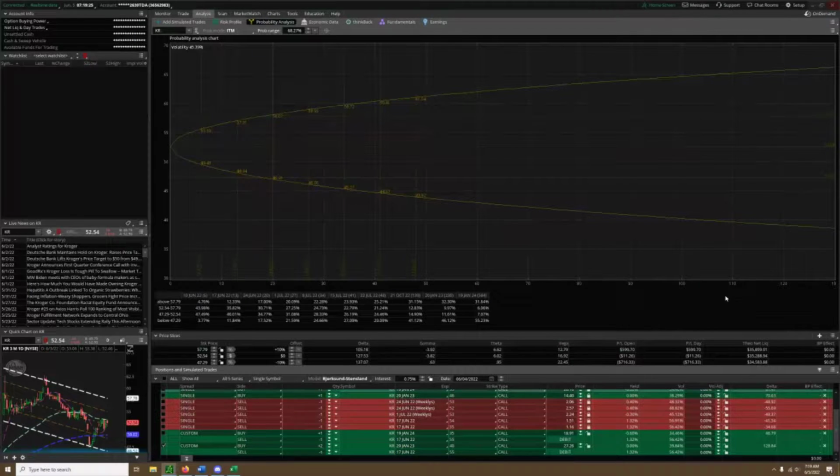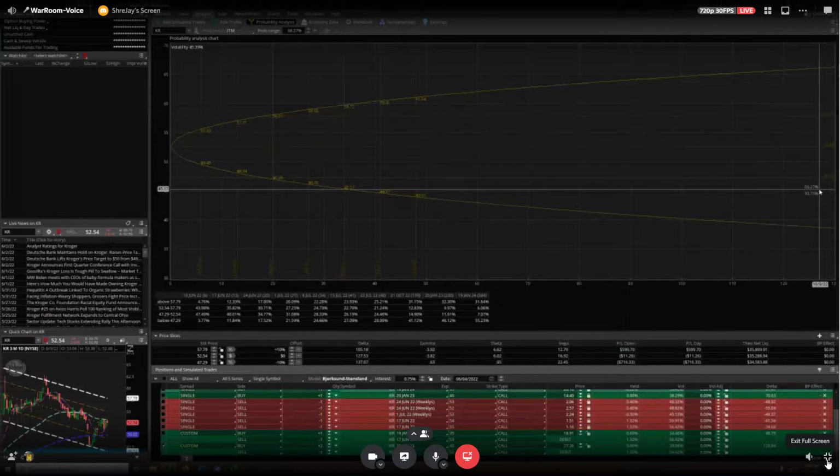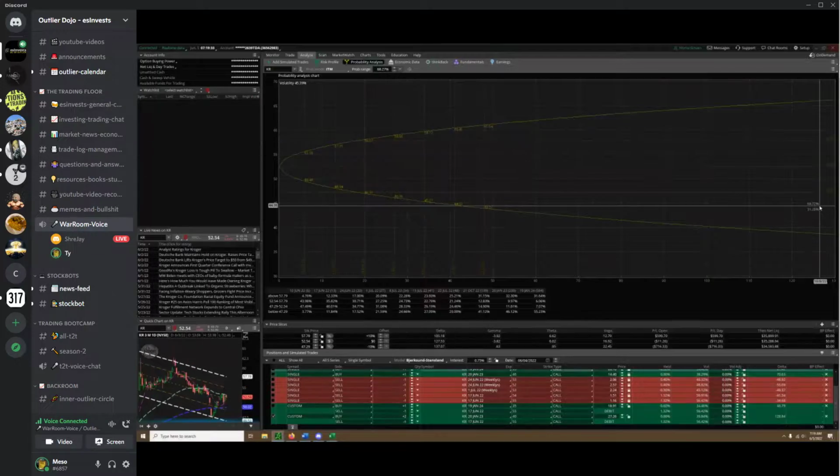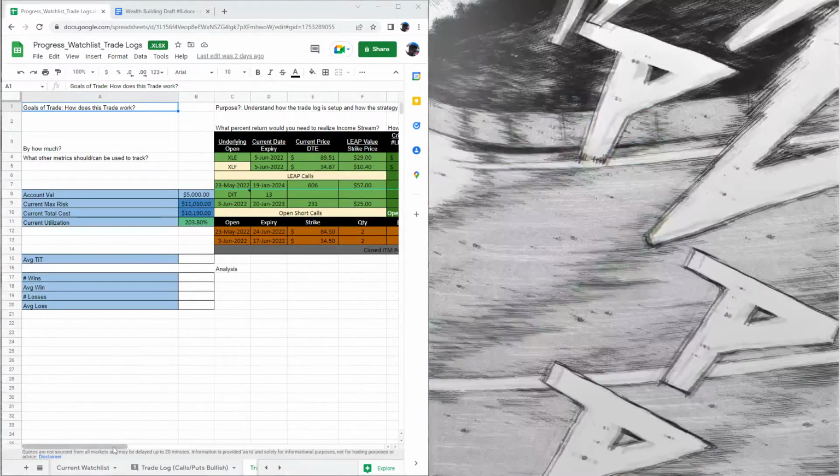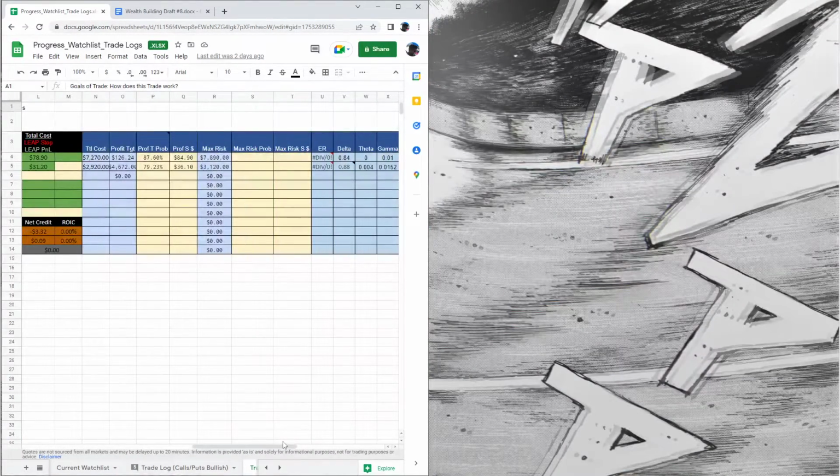One of the long calls I had had a probability of profit of 87.6%, but that was not for my expiration, that was maybe a year away.